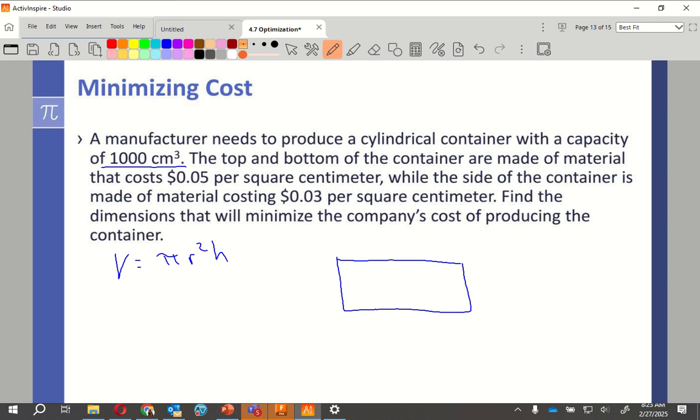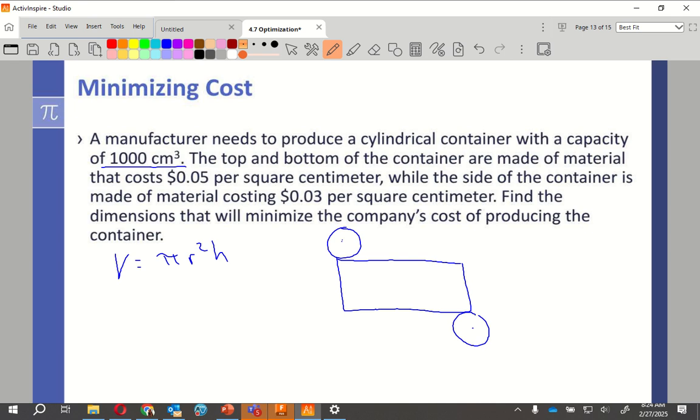That's the sides, the lateral surface area. I have the top here, the bottom here. As I roll this together, all of it will be contained, right? So if I'm looking at just the area of this, I have the area of two circles, and the lateral surface area.